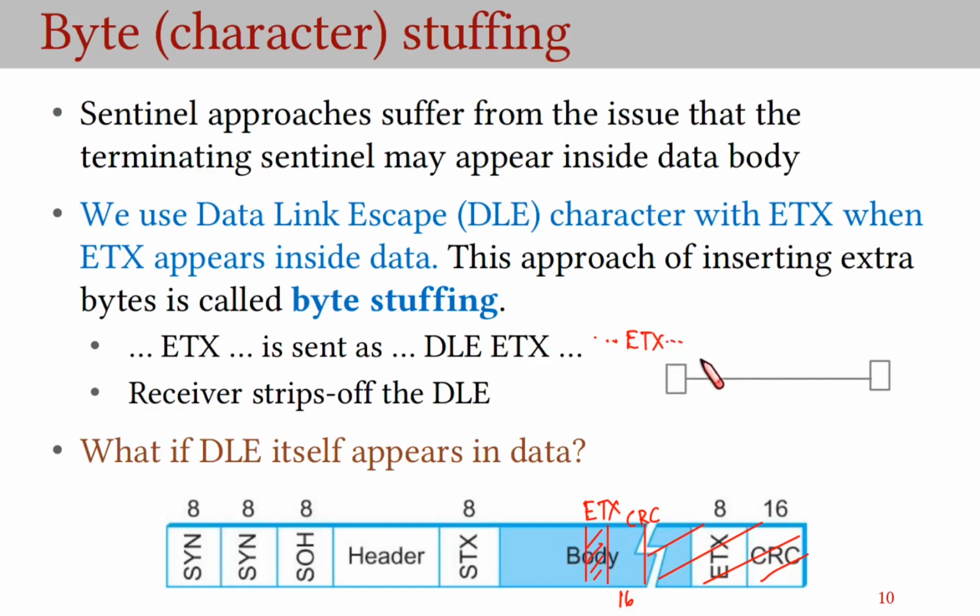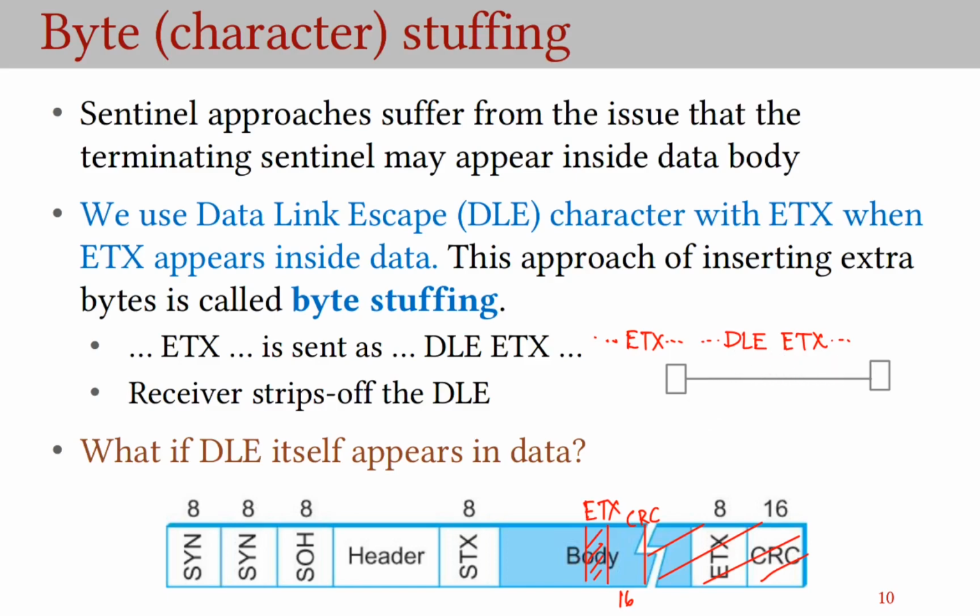And so on the sender side, what is going to happen is that DLE is going to be prepended whenever ETX appears, and what goes on the link is DLE followed by ETX.